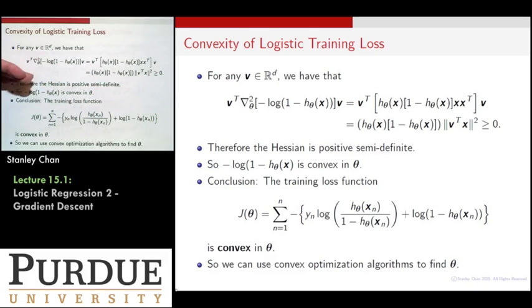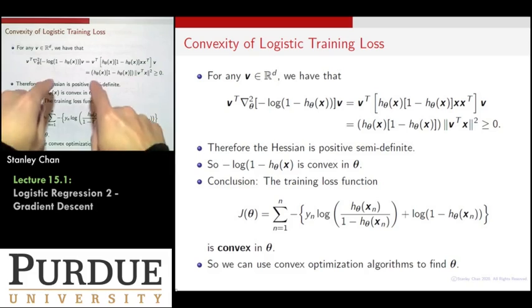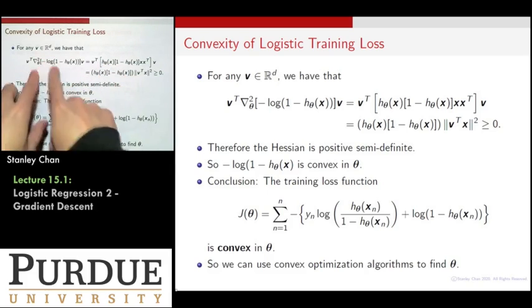Okay, so after you have gone through all these, you have shown that this training loss function is convex in theta, and therefore, as we discussed last time, you can use a convex optimization algorithm to solve this logistic minimization problem. If you map to the pipeline we introduced at the beginning of the course, there will be a model, this is the model. And then there is a loss function, this is the loss function here.